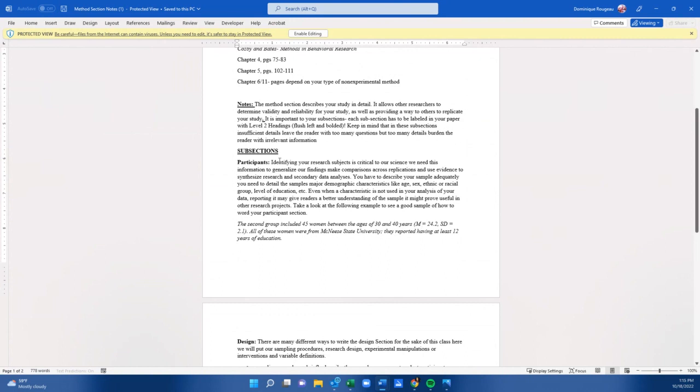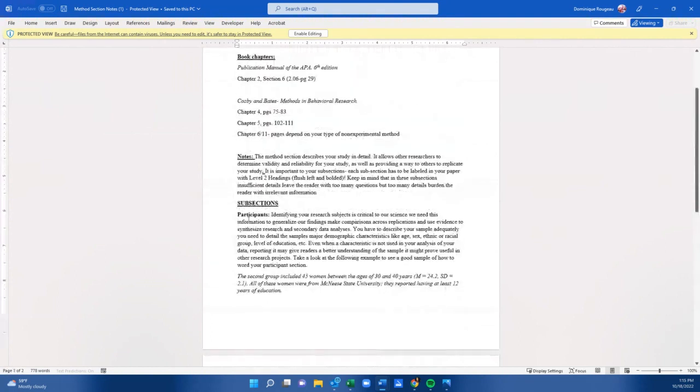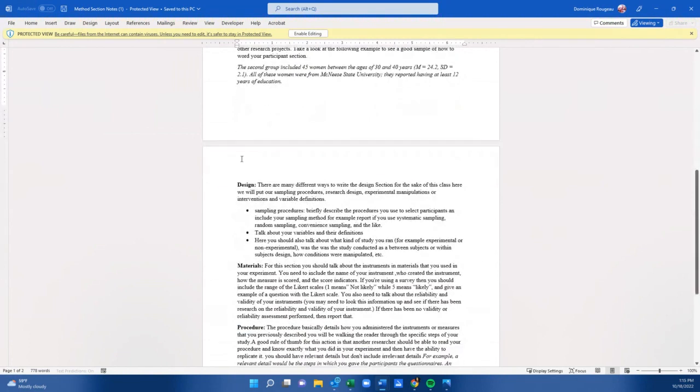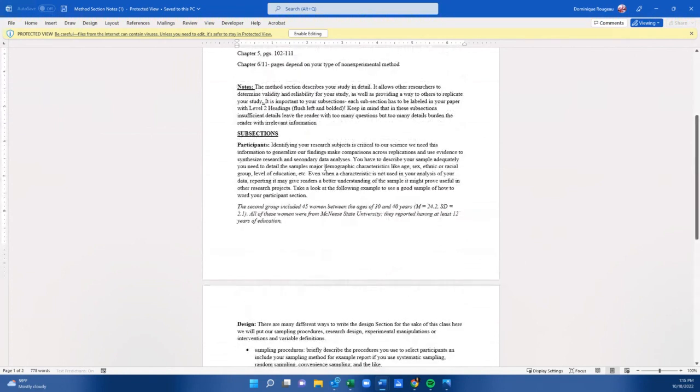The first section, and the way it is here, is typically the order you would find it in. Sometimes it might be participants, materials, design, but it's usually participants, design, materials. So your participants, you do need to talk about your participants. You need to talk about the demographics. Some of you have made a demographics questionnaire.